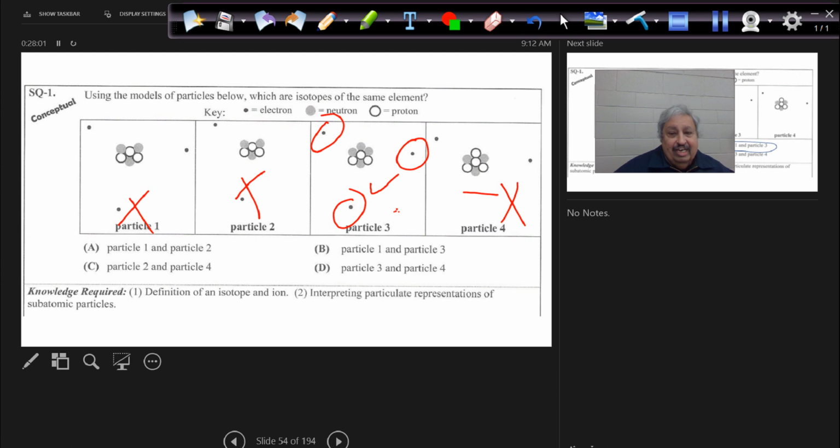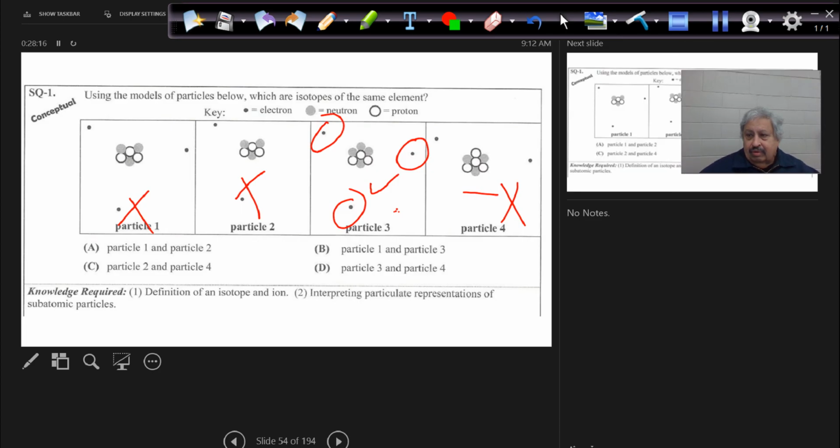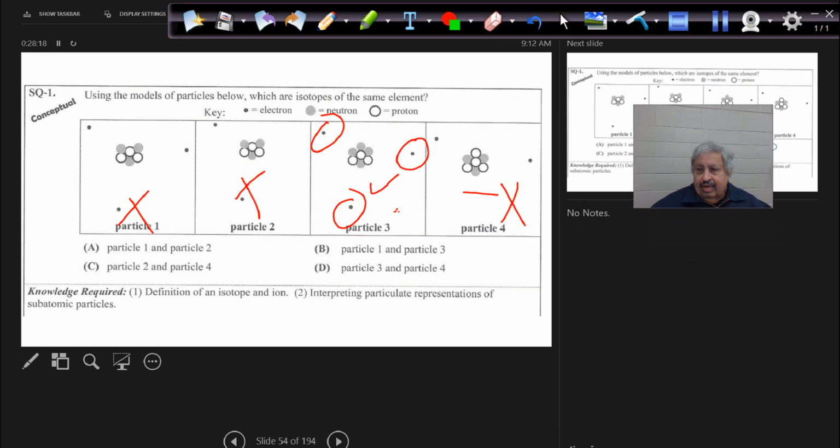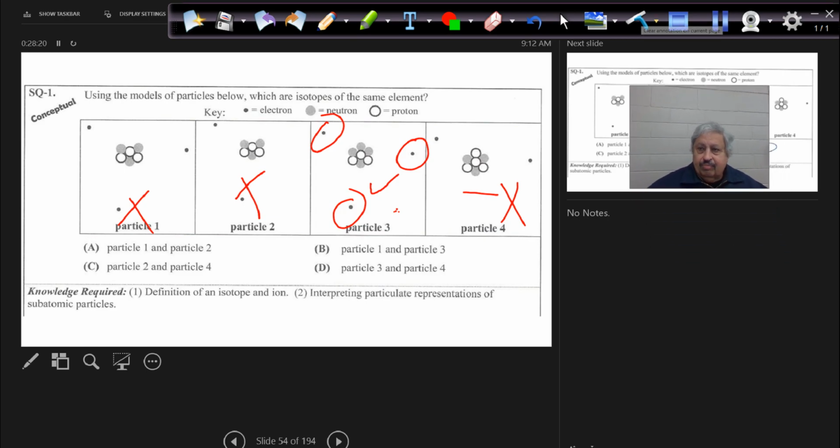Electrons. Oh, okay. I see what they want. The question is which ones are combining, making an isotope? The original one plus the different one. Okay, so see here. Answer is B. That's correct.